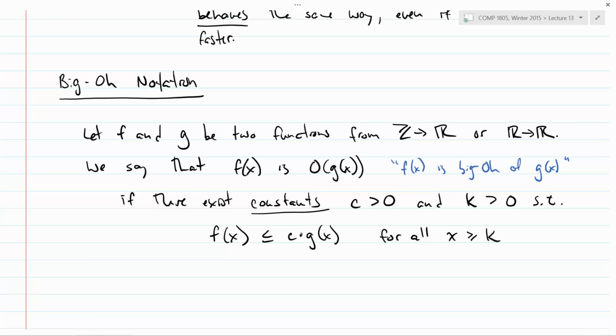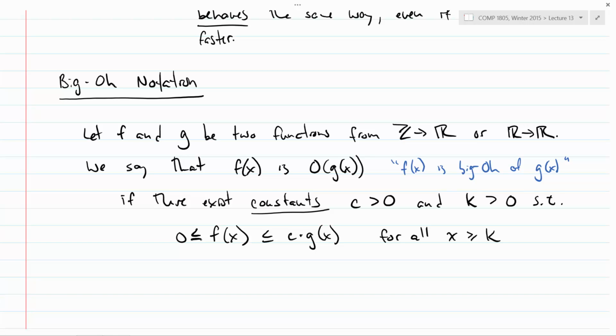And one thing we typically do in computer science, because f of x will almost always refer to some number of comparisons, I'm going to add the restriction that it has to be positive, or non-negative, say. Because in our applications, f will usually count the number of comparisons, and it doesn't make sense to do a negative number of comparisons. So that's why we usually add this restriction.